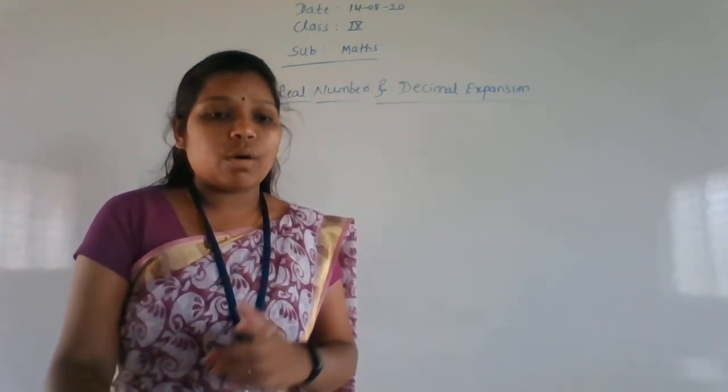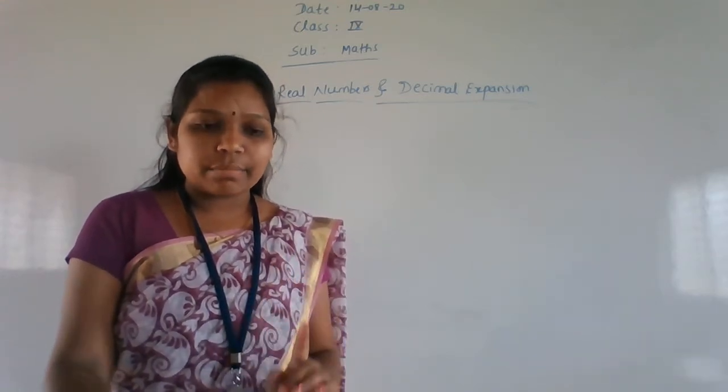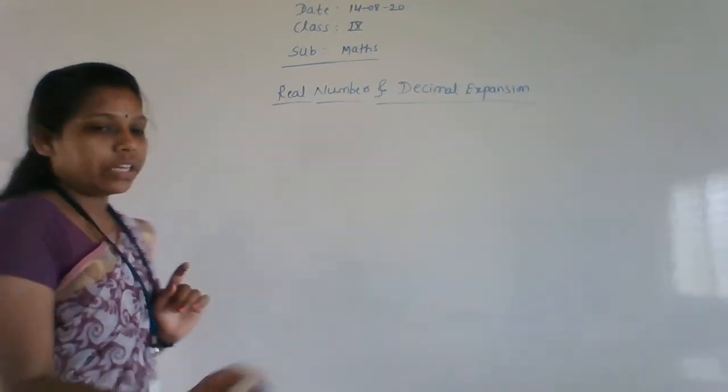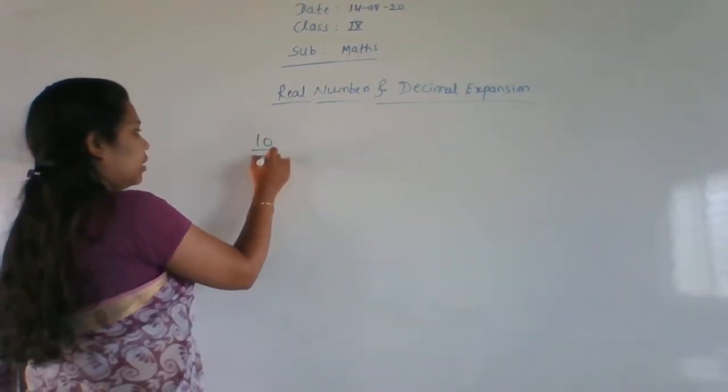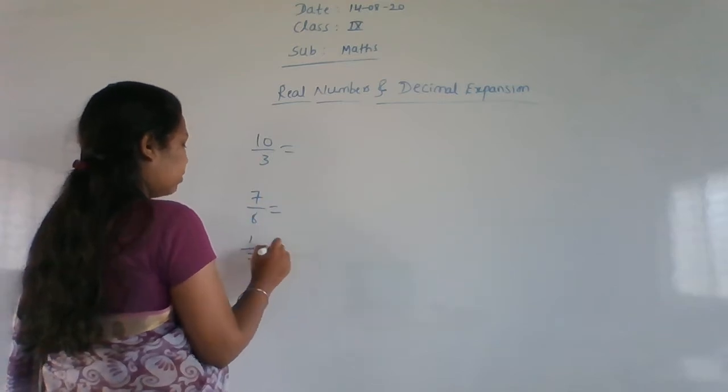Find the decimal expansion of 10 by 3, 7 by 8 and 1 by 7.